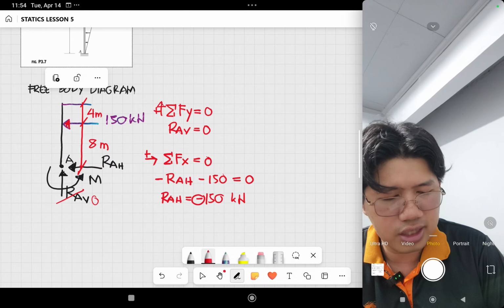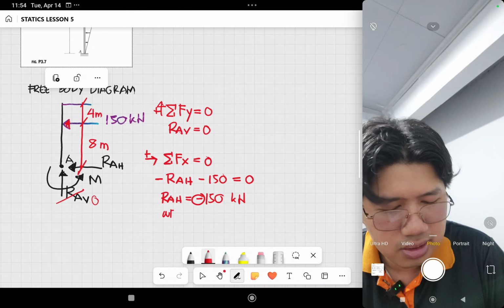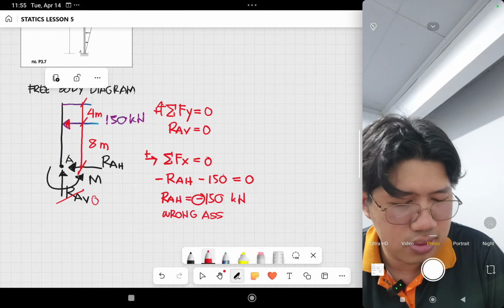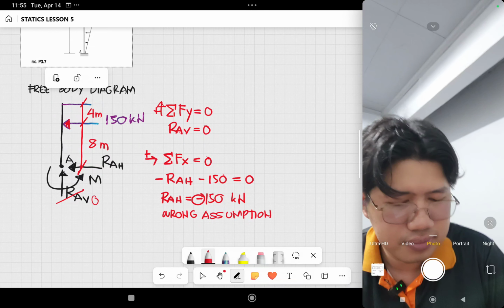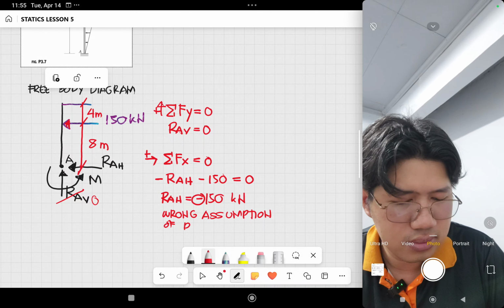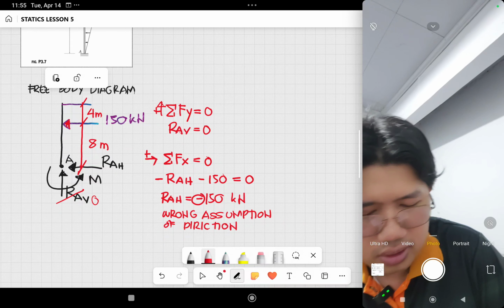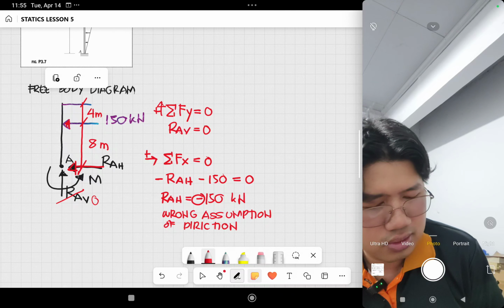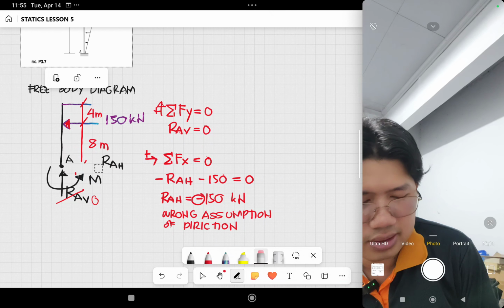So negative in this case indicates na you have the wrong assumption of direction. So instead of this direction, the correct direction is towards the right.